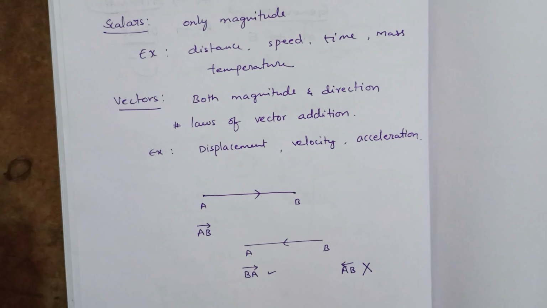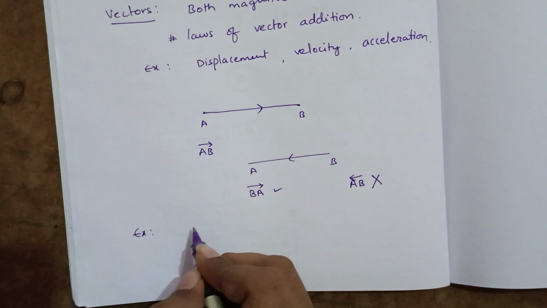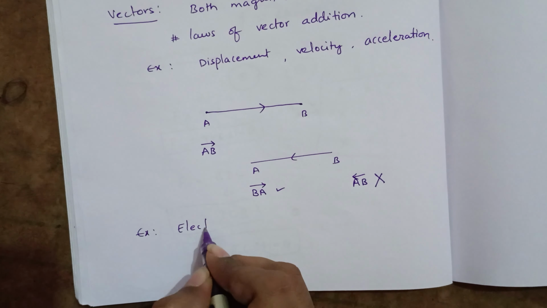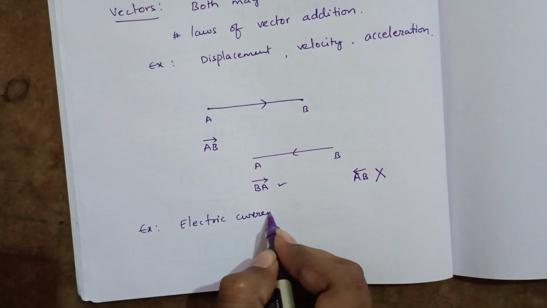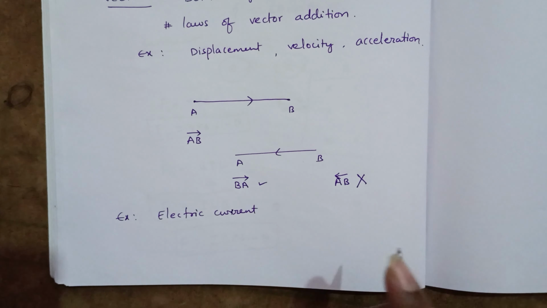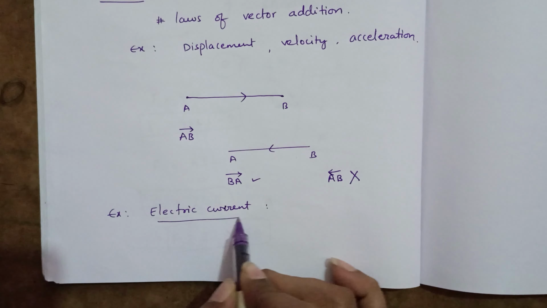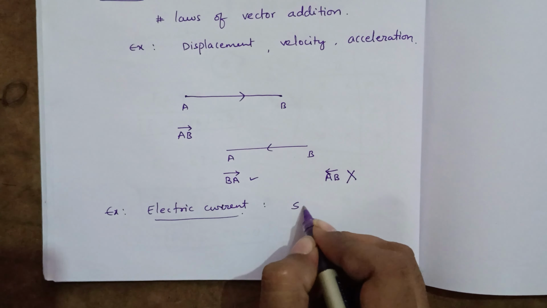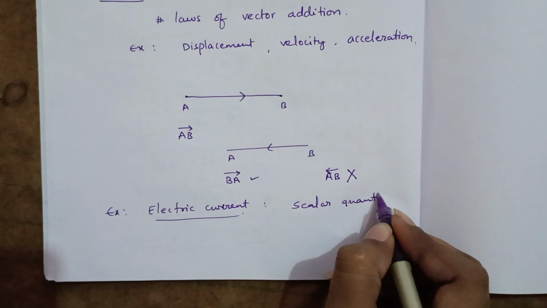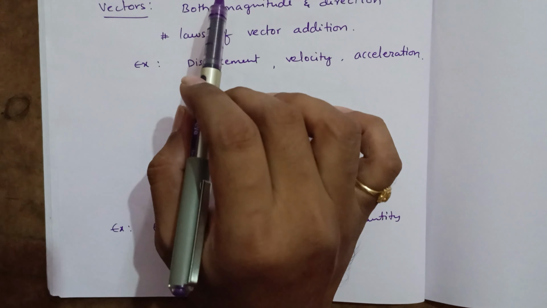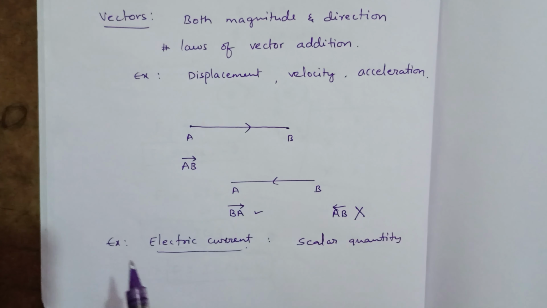Now one example we will take: electric current. Electric current has both magnitude and direction, and it is a scalar quantity because it does not obey the law of vector addition.